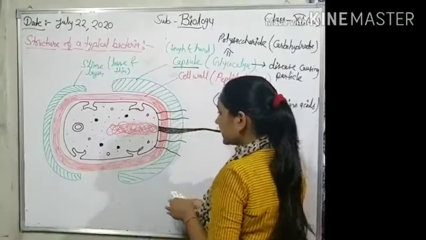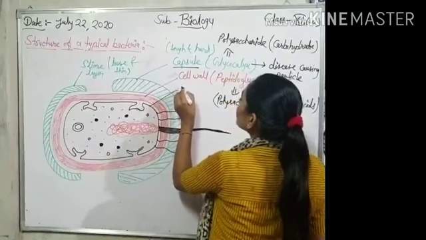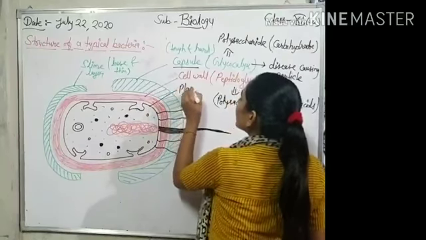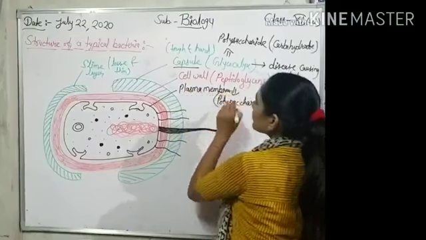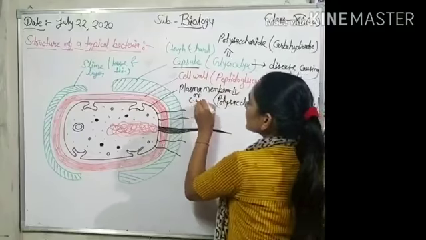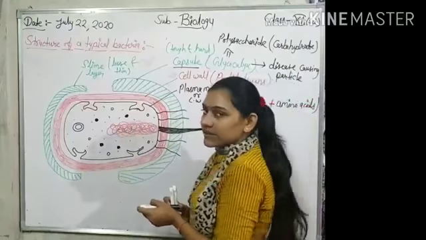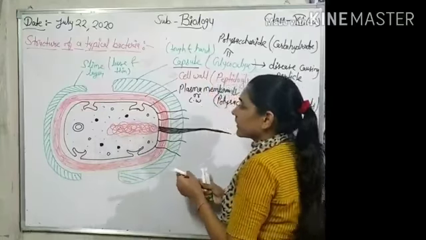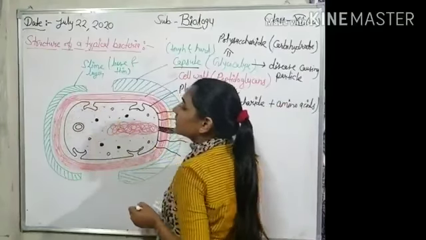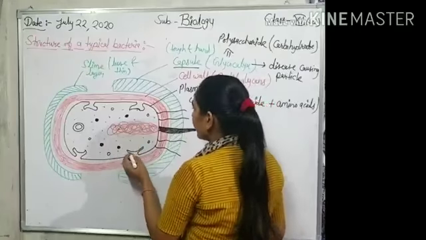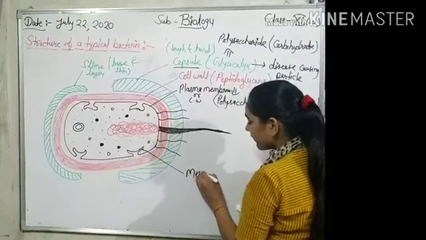Inside the cell wall, a thin layer is present which is known as the plasma membrane or cell membrane. Okay. The plasma membrane is thin, living, and it folds inside towards the cytoplasm and forms a complex structure which is called mesosome.